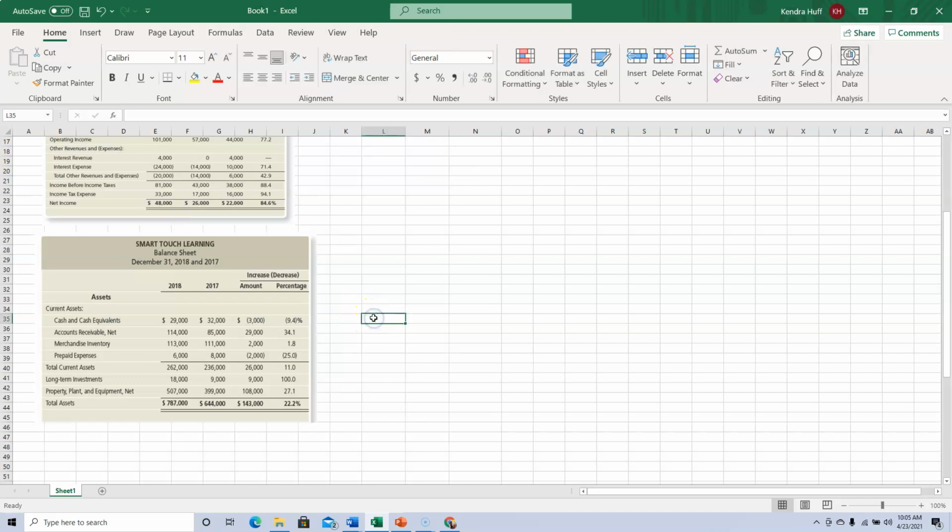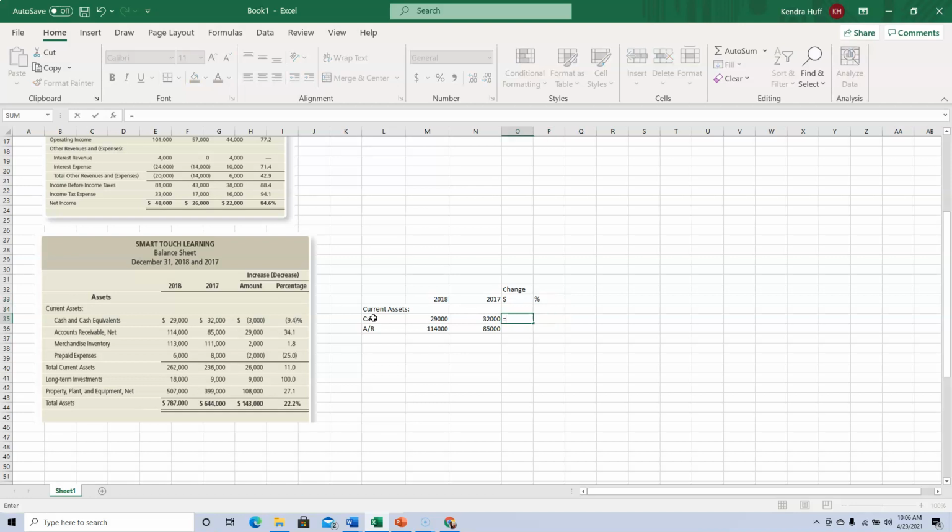All right, so I'm just going to do the change for cash and accounts receivable. I'll just do those two. And we have 2018 and 2017.